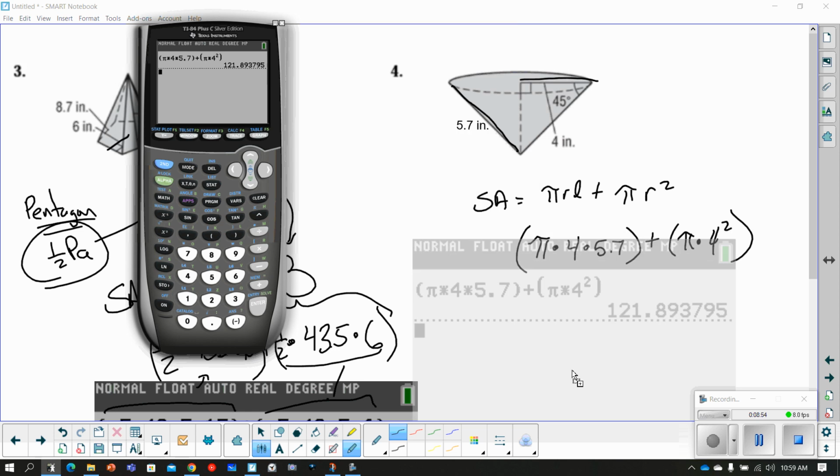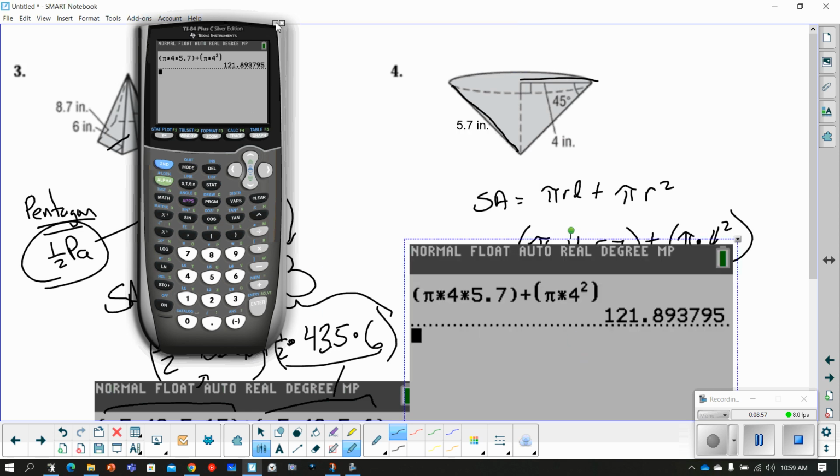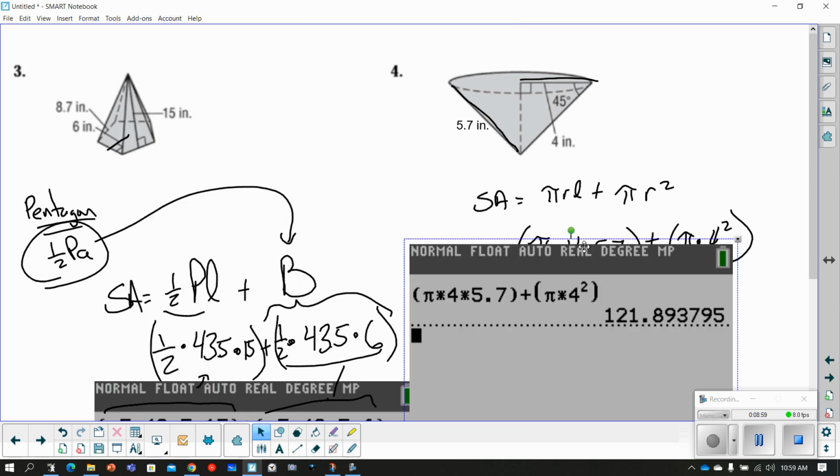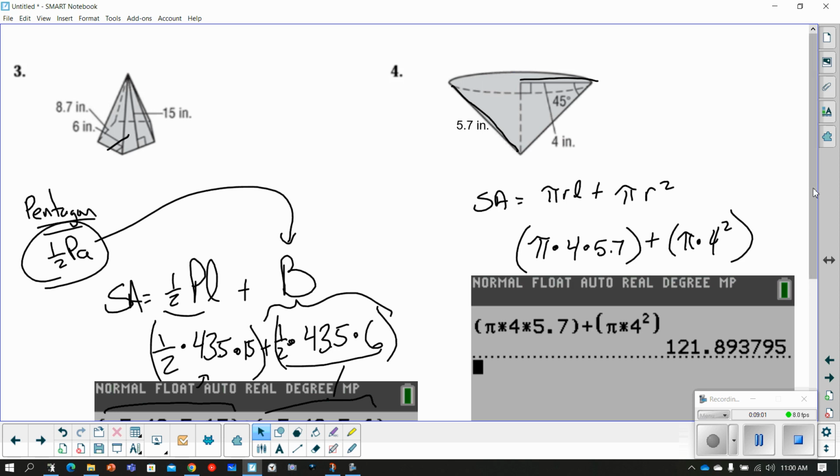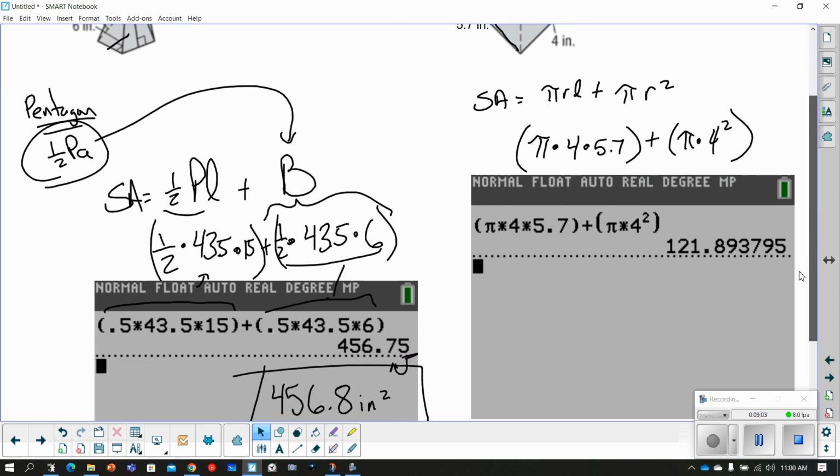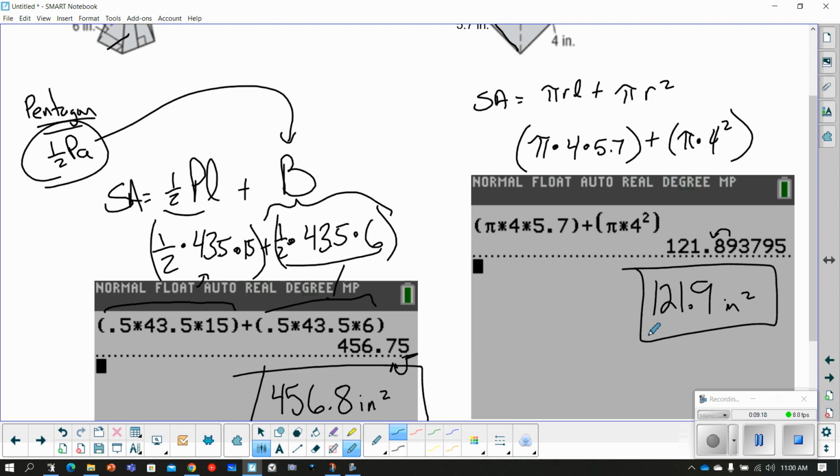All right, so we got this right here. And this is in inches, so we'll have inches squared as our answer. 121.89, the 9 tells us the 8 rounds up, so it'll be 121.9, and it was in inches, so inches squared is the surface area of this cone.